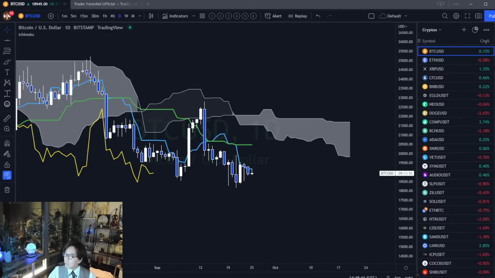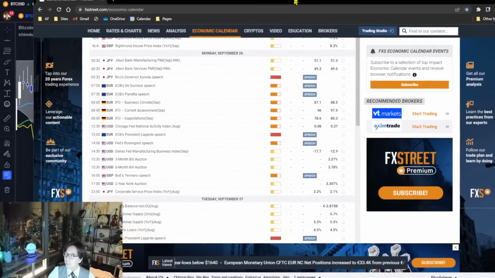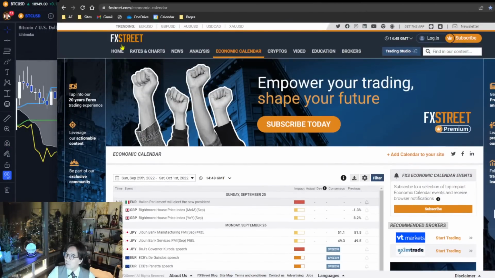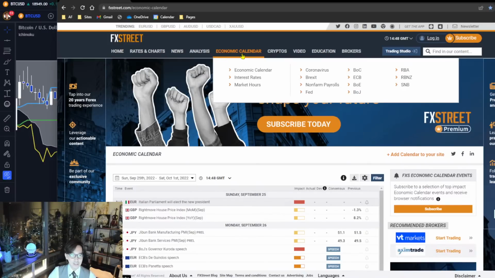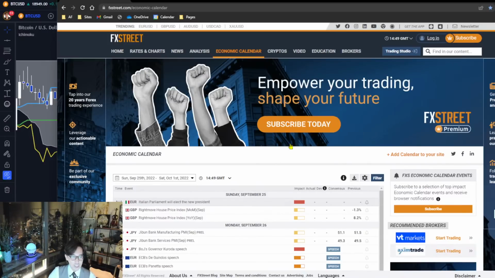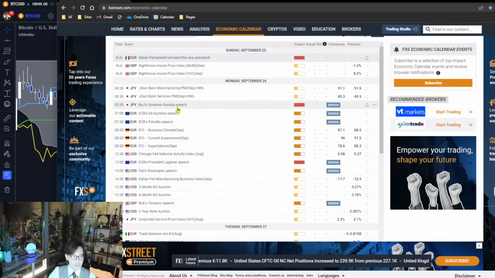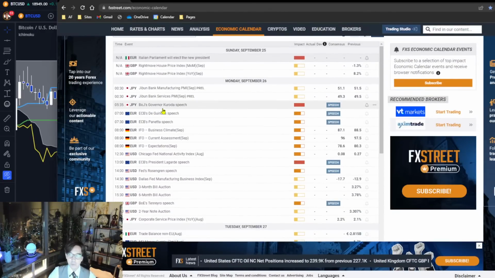So now let me move on to the news for this week. So here is the news website. Again, I'm using the calendar in fxstreet.com, and simply click on the calendar and you can access this web page. So Monday 26 we have Governor Kuroda's speech in Japan.